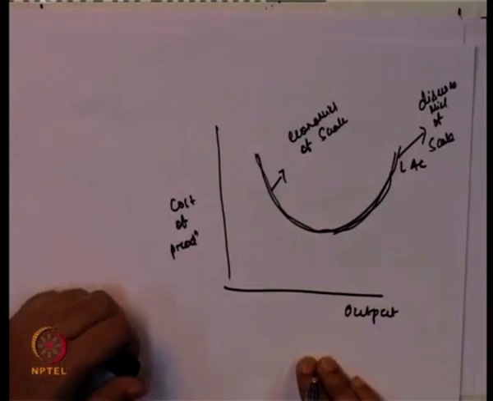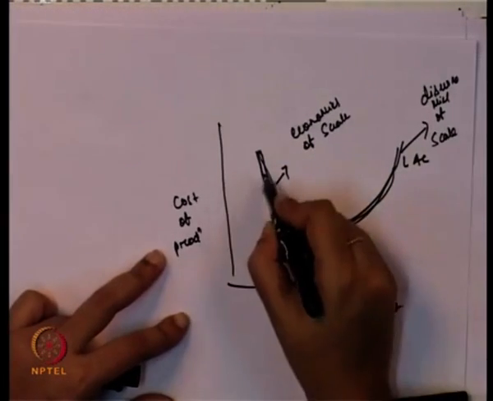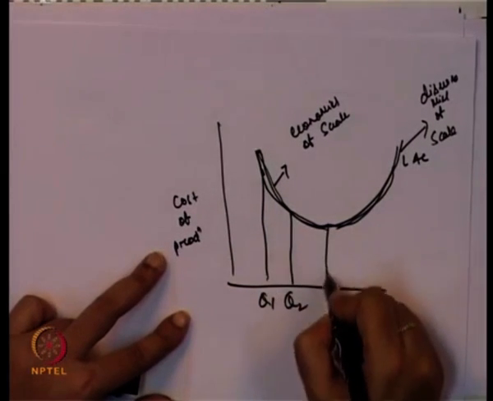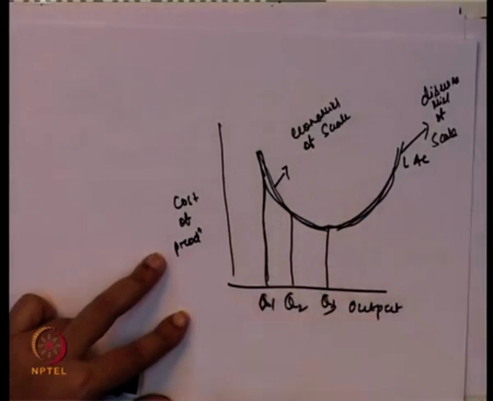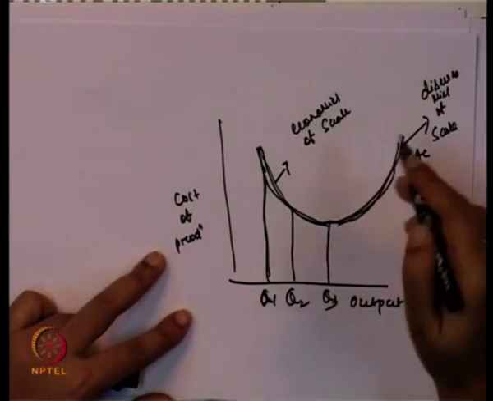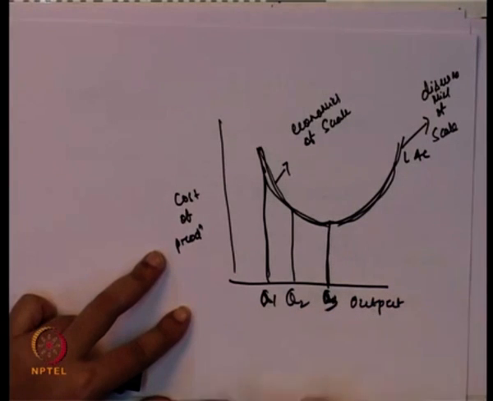So, what is economies of scale? As mentioned, when output increases, say output is Q1, Q2, Q3, at the different levels of output the cost of production decreases, until the minimum point.